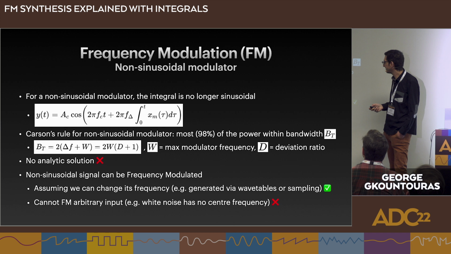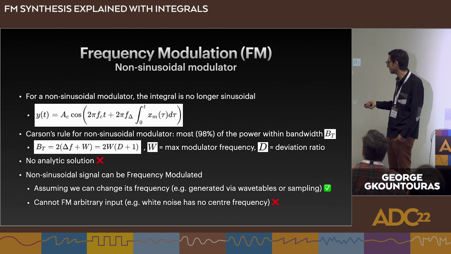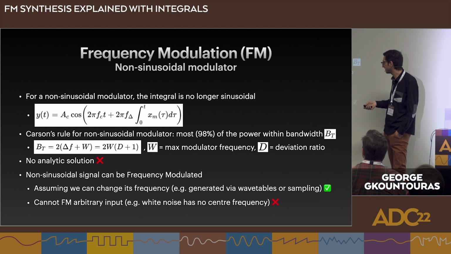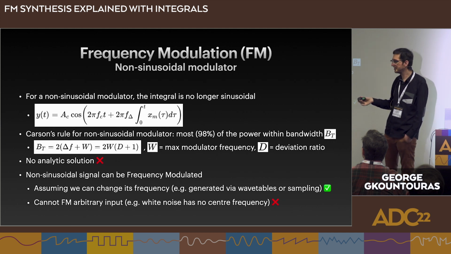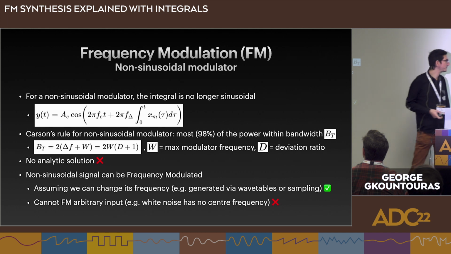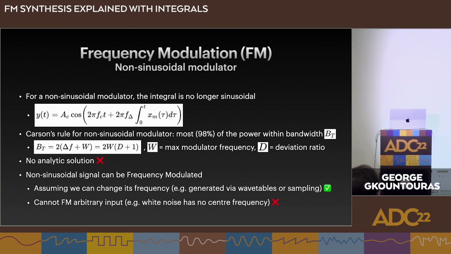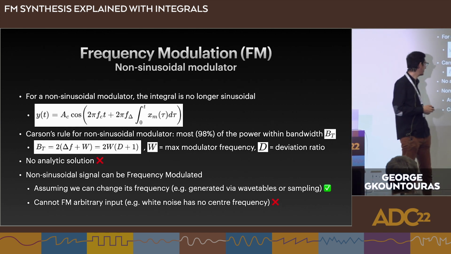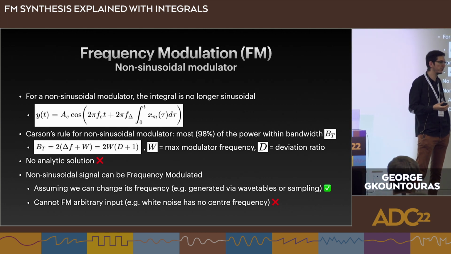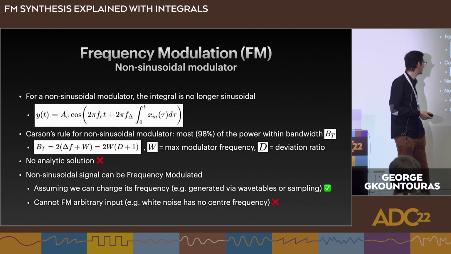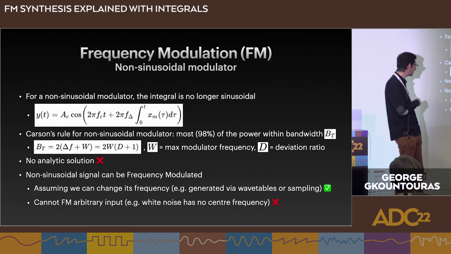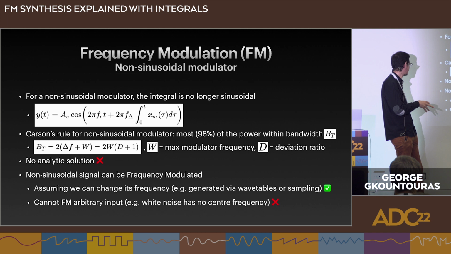We can also apply frequency modulation to a general signal, assuming we can change its frequency. So if it's something we are generating, perhaps via wavetables or samples or synthesis in general, we can change the frequency of our oscillator, so we can frequency modulate it.